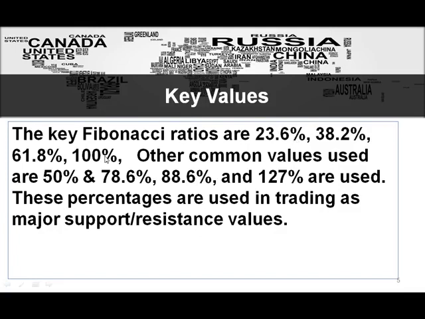Other key values are 50%, 78.6, 88.6, and 127. Now, these are percentages. Sometimes you may see them in decimal form. So in decimal form, this may look like 1.27. This may look like 0.886. This may look like 0.786 and so forth.